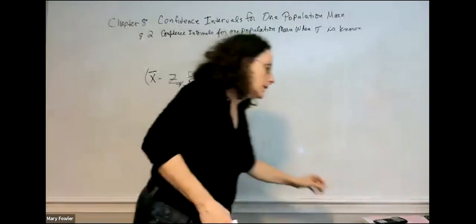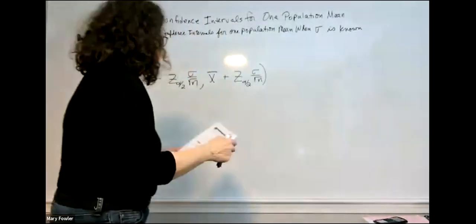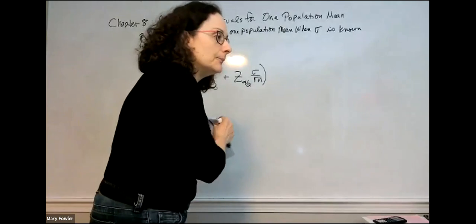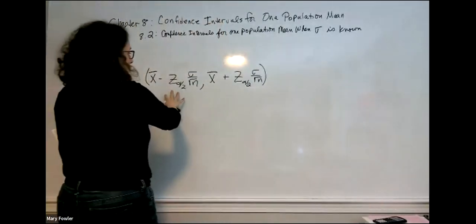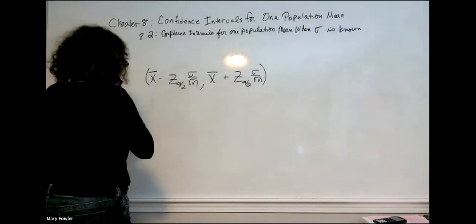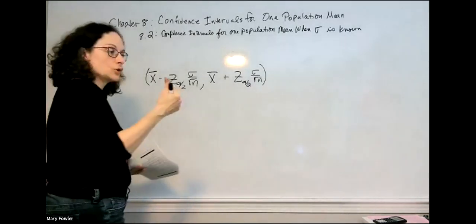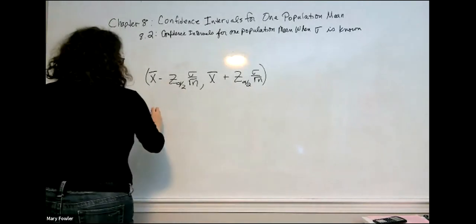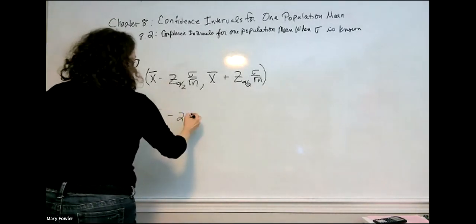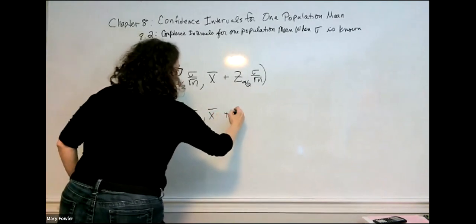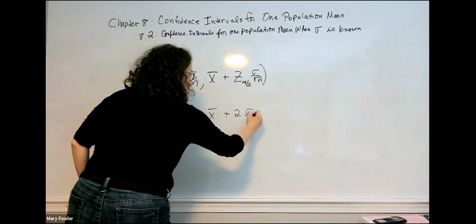Okay, so it turns out, this is what we had been doing with the confidence intervals that we worked with, say the 95.44% interval, where we were looking at x bar minus 2 times sigma over the square root of n to x bar plus 2 times sigma over the square root of n.